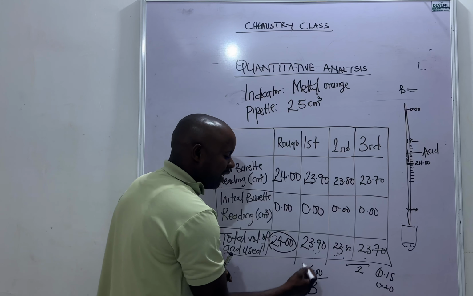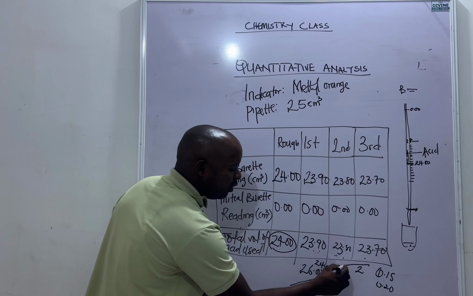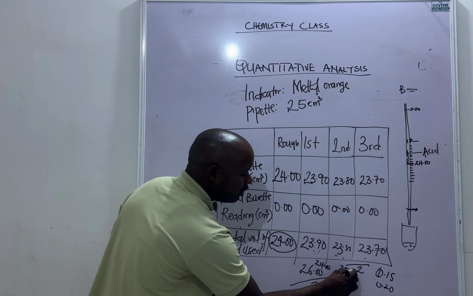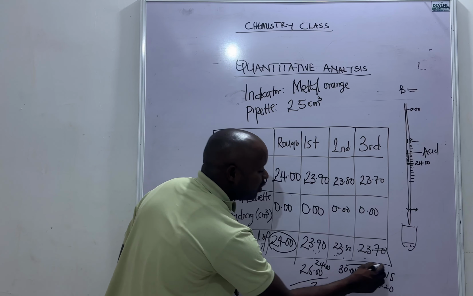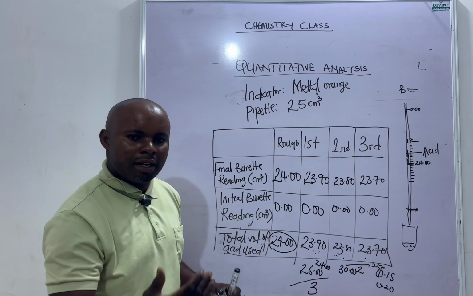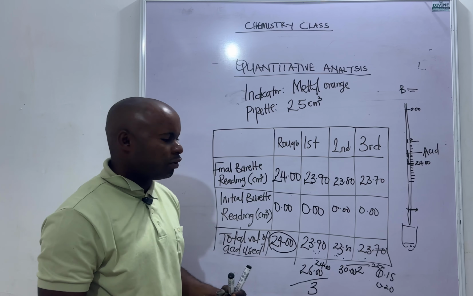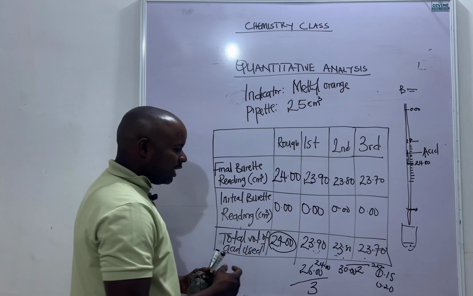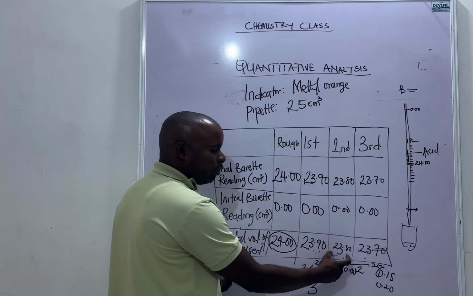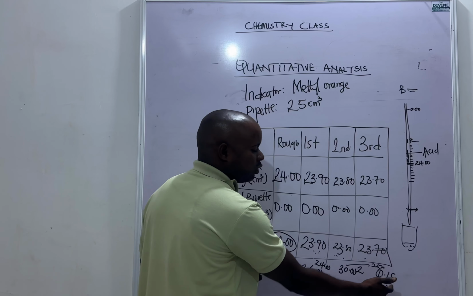So if for instance you have 24.00, then 30.00, then 25.00, there's an error in your titer value, since you might be having some issue with your dilution process and so on. So each of these titer values should not be far from each other, around 0.15, 0.20.